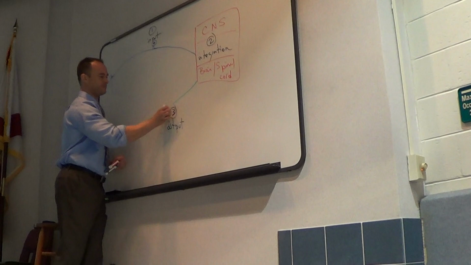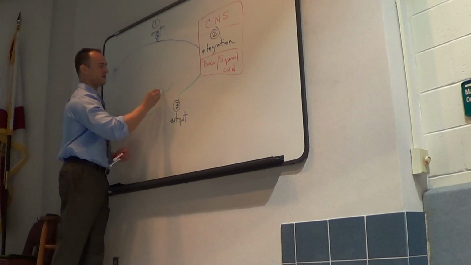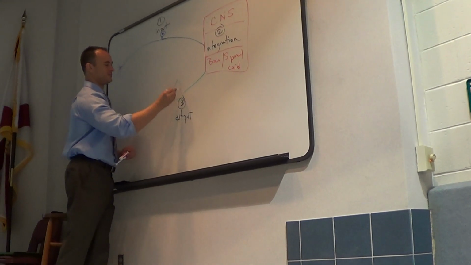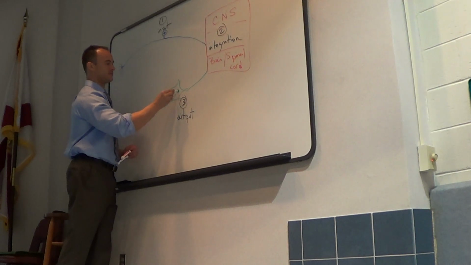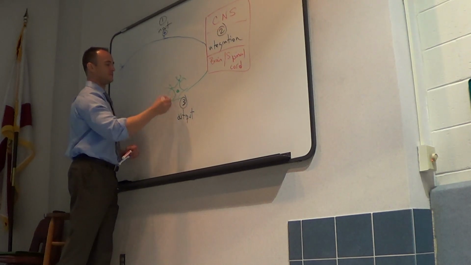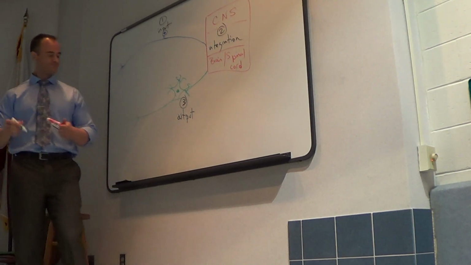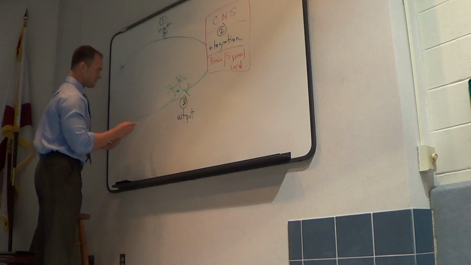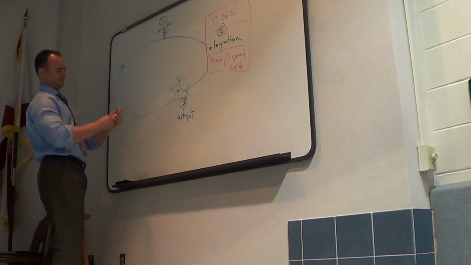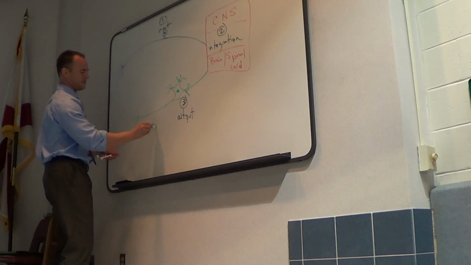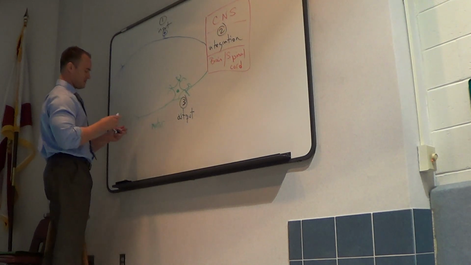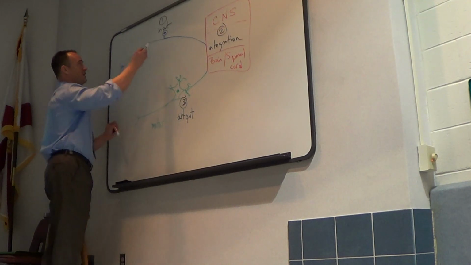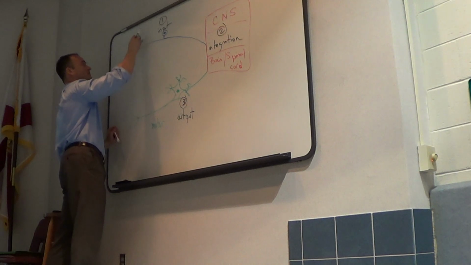Right? So these would come from a motor neuron. Outputs are motor. Sensory are inputs.